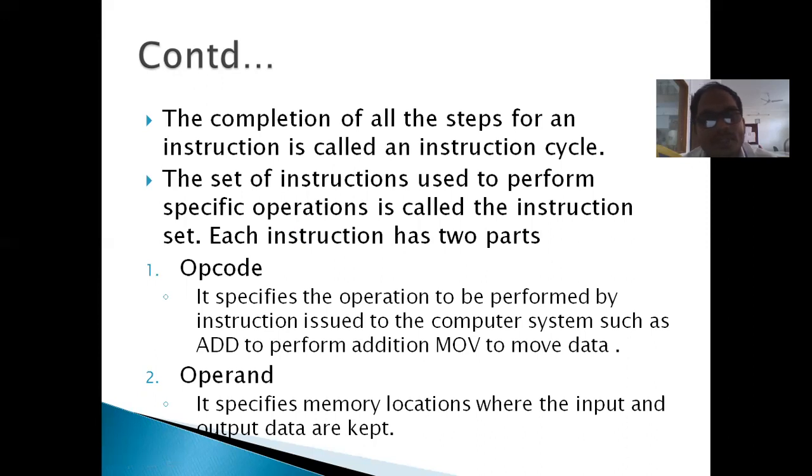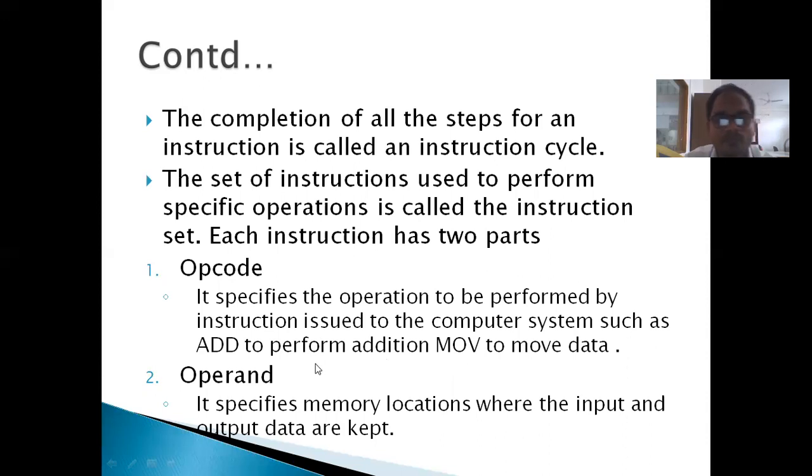As I told you, each instruction has two parts: opcode and operand. What is opcode? It specifies the operation to be performed by the instruction issued to the computer system, such as add to perform addition, move for moving data.